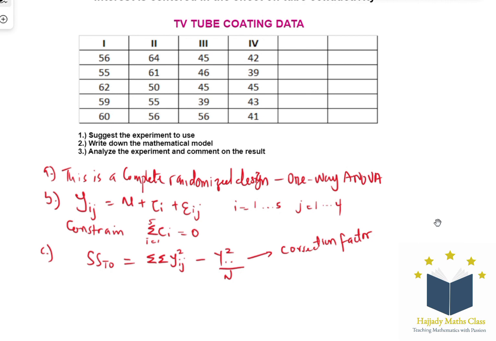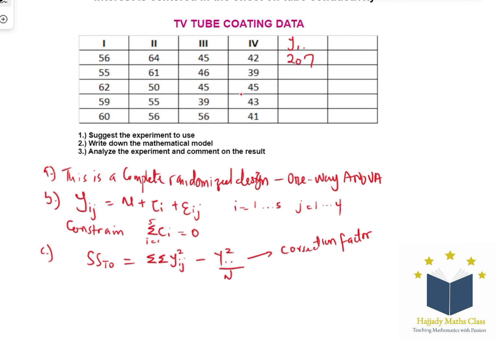Now calculating this, there's a need for us to know the grand total, which is y dot dot. So here, I'm going to have yi dot, that is the sum of the rows. This is the treatment. Summing row-wise, I'm going to have 207, that is 56 plus 64 plus 45 plus 42, which gives 207.